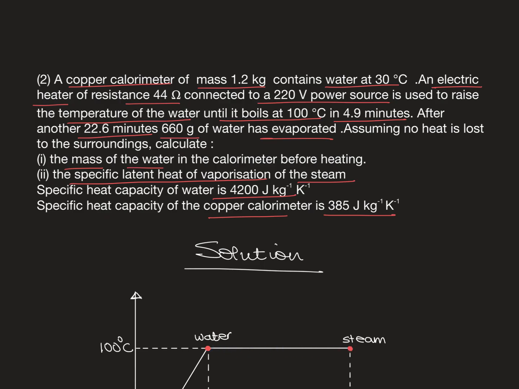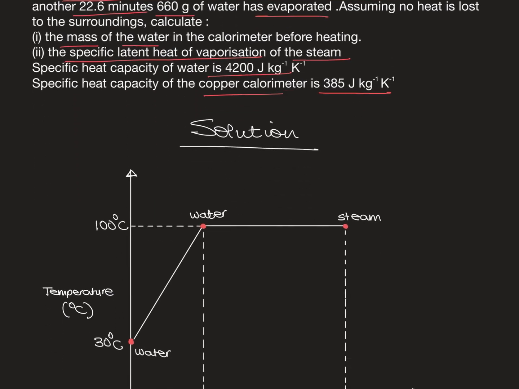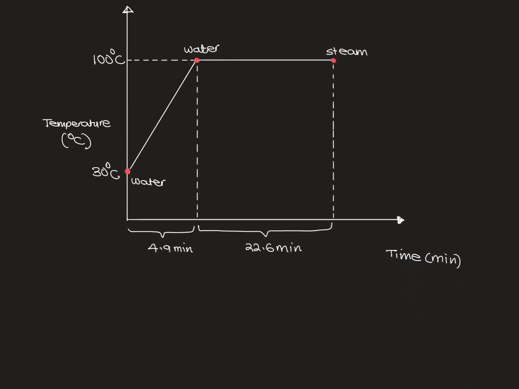So the question now is, we want to know the initial mass of the water, that is before it reaches its boiling point. We can know that by considering the fact that from 30 degrees Celsius to 100 degrees Celsius, there would be no significant change in mass of the water.